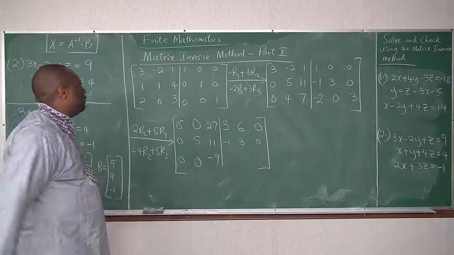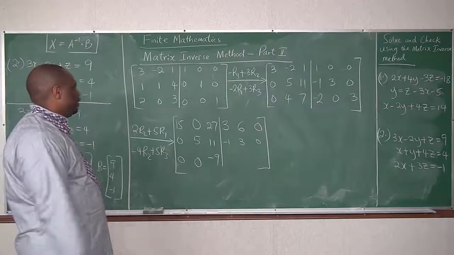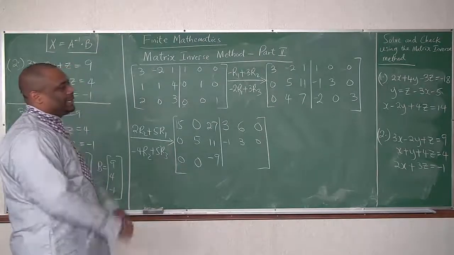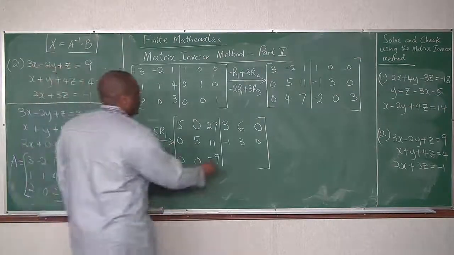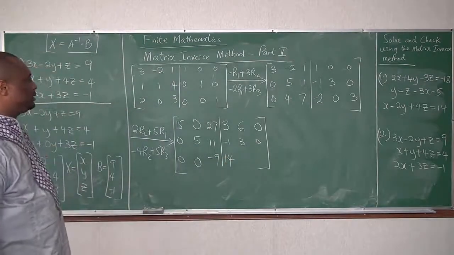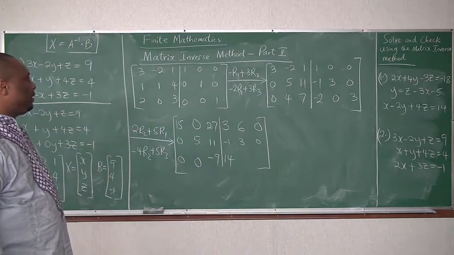Negative, negative 4 plus 5 times 2, 10. 4 plus 10 is 14.